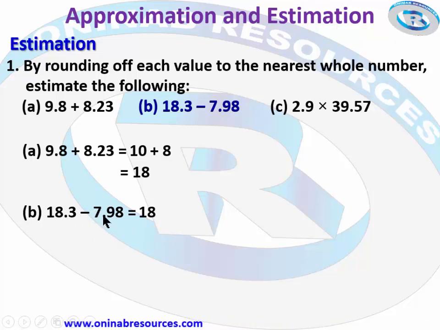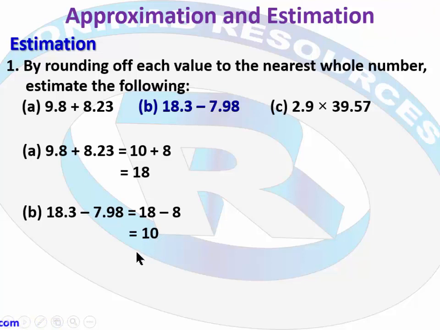Then the second number is 7.98. So the whole number part is 7, and the next digit here is 9, which has to be rounded up since it is between 5 and 9. So we add 1 to this 7 to become 8. So that we have 18 minus 8. And 18 minus 8 is 10.